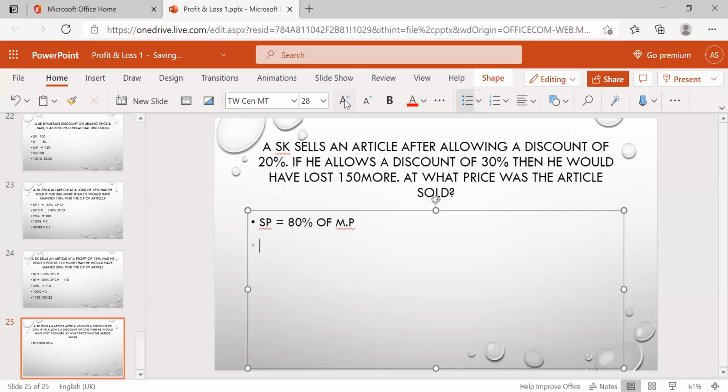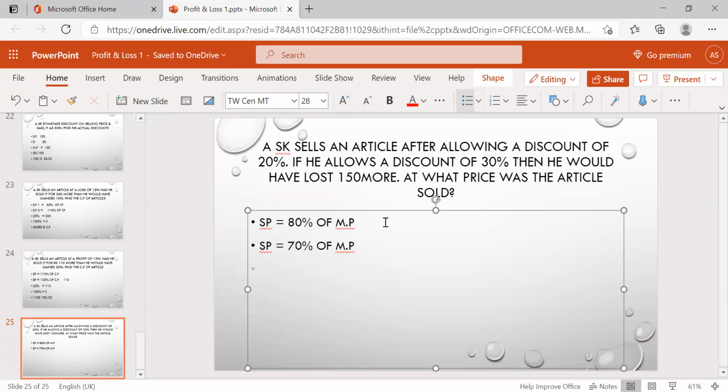Then the second time, he sold at a 30% discount. That means 70% of mark price, right? Is it clear? So now what they're saying, if he allows 30%, he lost 150 rupees, right? What's the difference here?